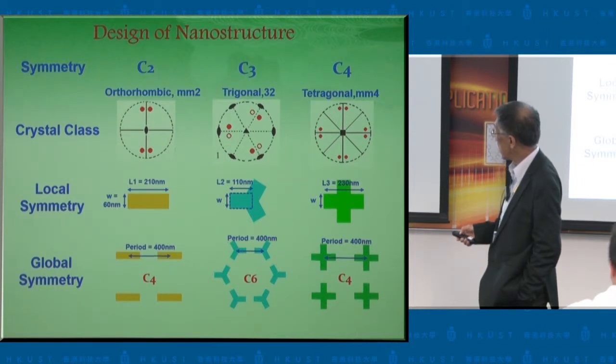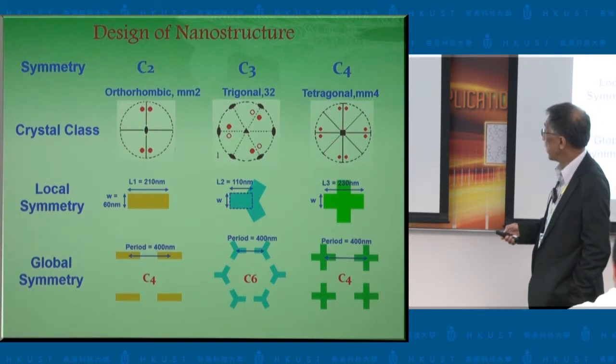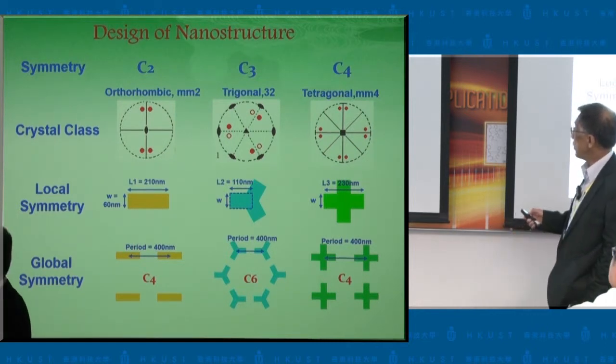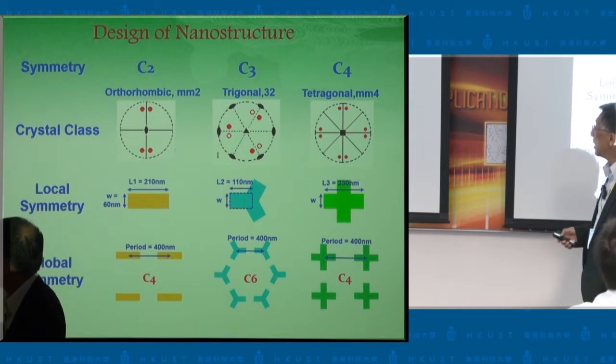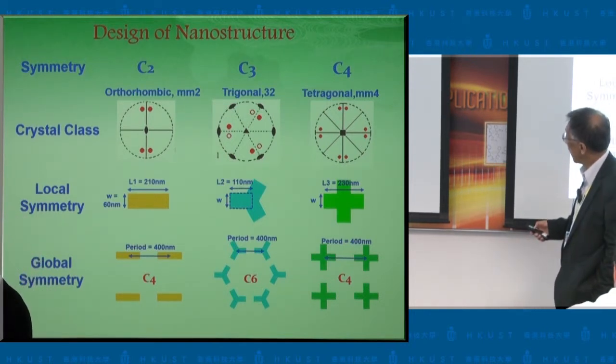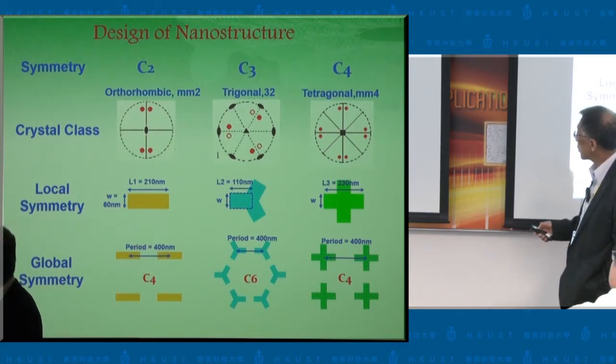The periodic structure, center to center, is 400 nanometers, and each individual rectangle is 210 nanometers by 60 nanometers. C3 is trigonal itself, so it is non-symmetric, and we're using a sort of Y structure, a truncated, shortened Y structure here.